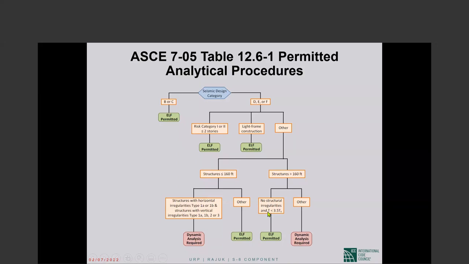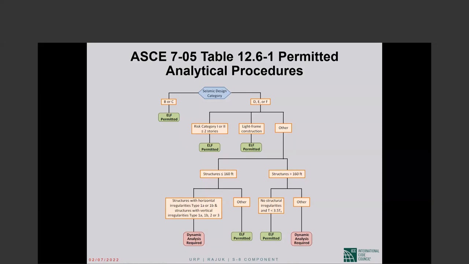of the structure is less than 3.5 times the transition period that we have been talking about, S sub D1 over S sub DS. S sub D1 over S sub DS is typically about 0.5, a very rough figure. So 3.5 times 0.5 would be 1.75 seconds.